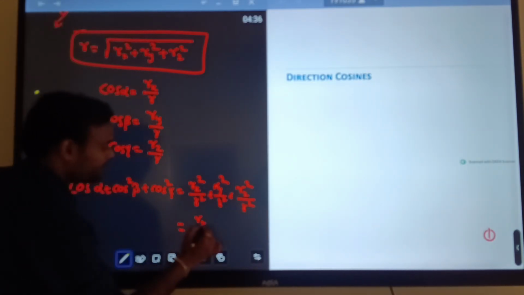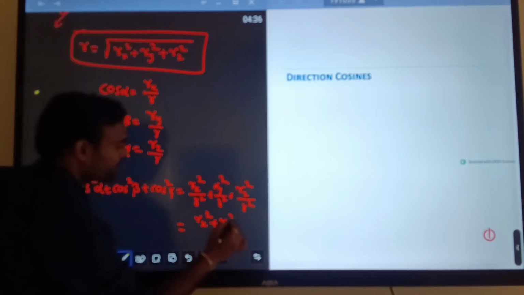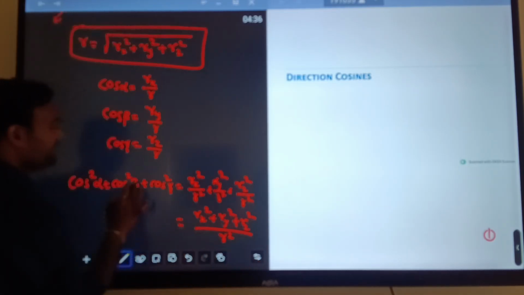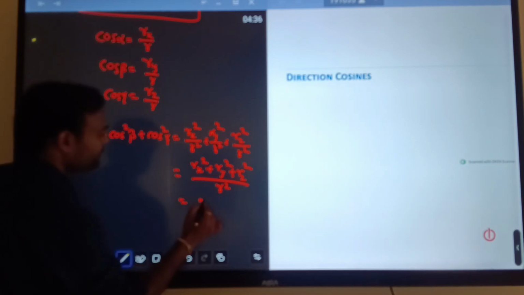Now Rx square plus Ry square plus Rz square by R square is equal to R square by R square, which is 1.